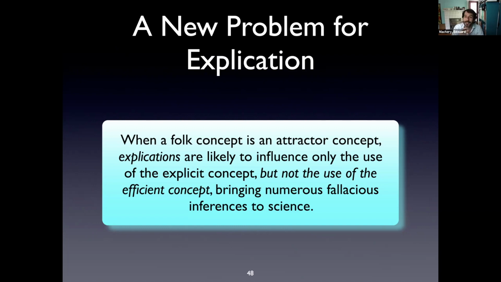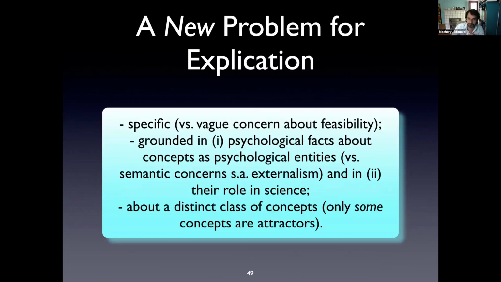And indeed, I think it's very easy to demonstrate that that's exactly what's happening in psychology and neuroscience with the concept of innateness. Scientists, biologists, linguists, psychologists often make very unreliable inferences that we take lay people to be making. Now, it's a new problem for explication.